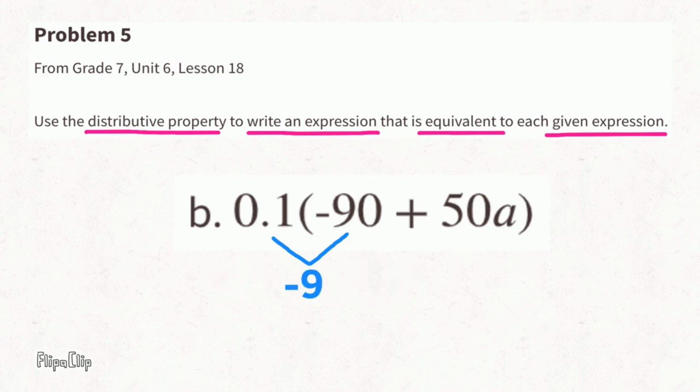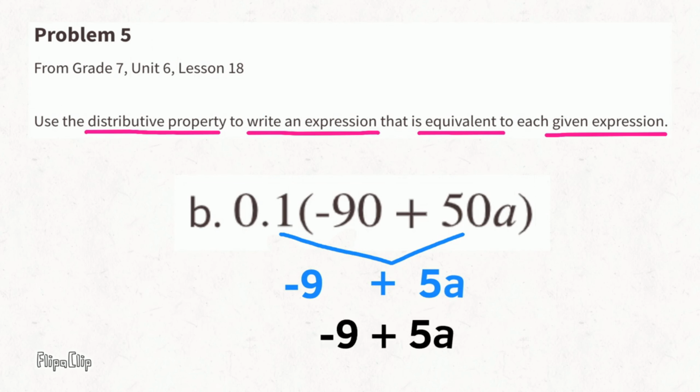That's negative 9. And 1/10 times the second term, and the second term is 50a. So 1/10 times 50a. That's going to be 10 times smaller than 50a. 10 times smaller than 50a is 5a. We need to add these two terms, but they're not like terms. So we keep it as negative 9 plus 5a.